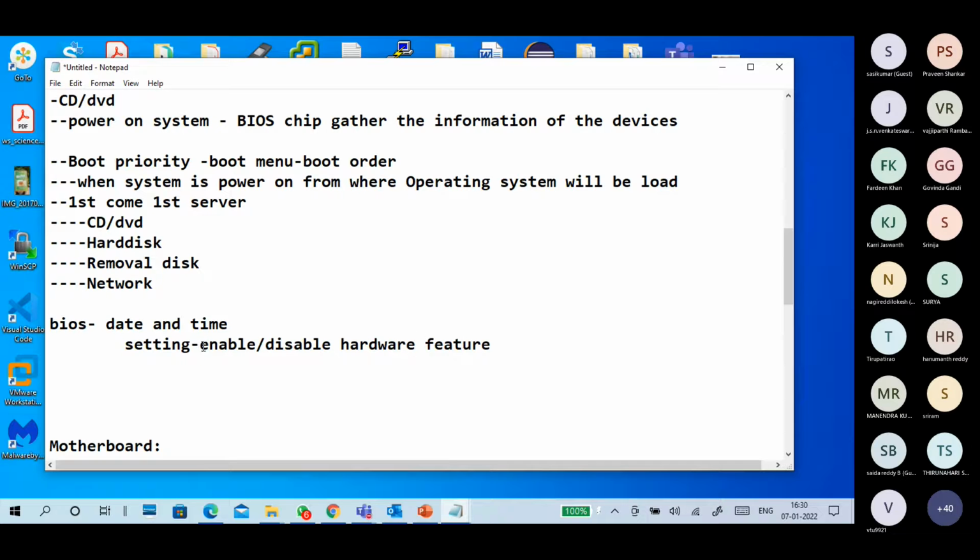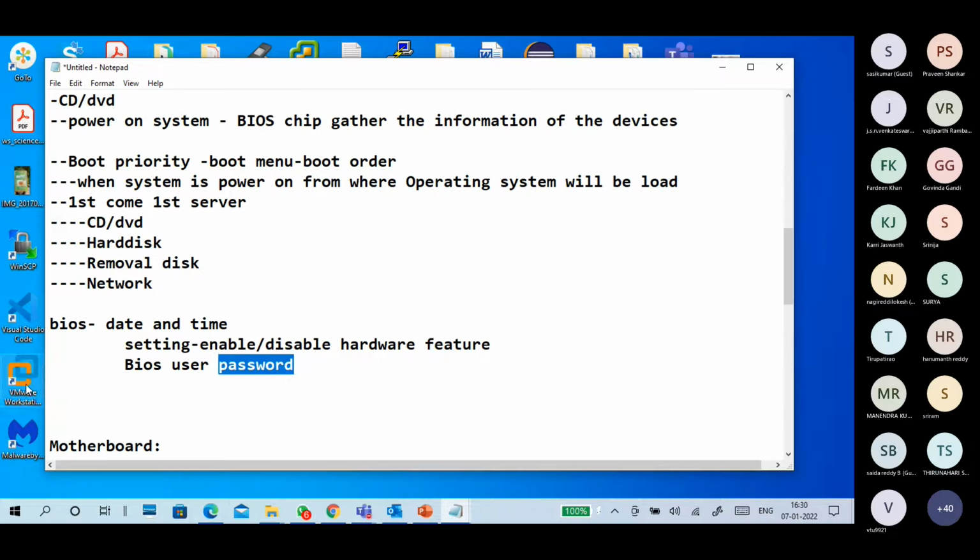Things like enable, disable of a hardware feature, something like that. And BIOS passwords, BIOS user passwords. Guys, that is not your computer password. For example, in my Windows 10, I have a password, but that password is not this password. This is a BIOS related one.